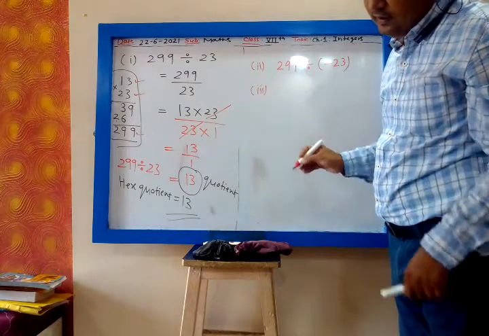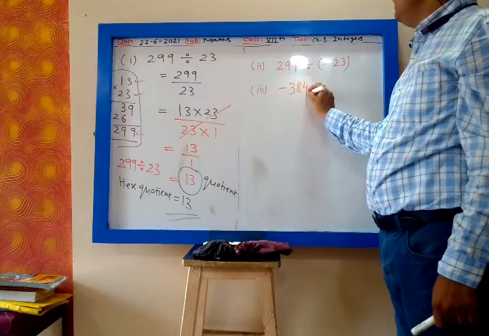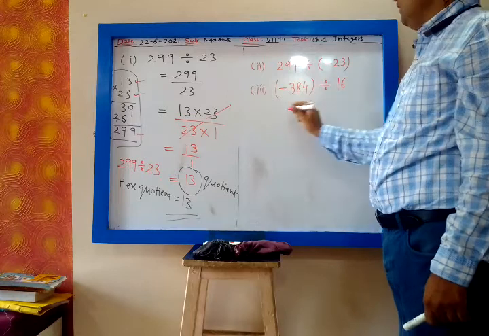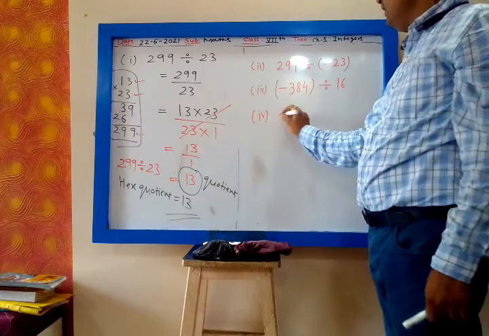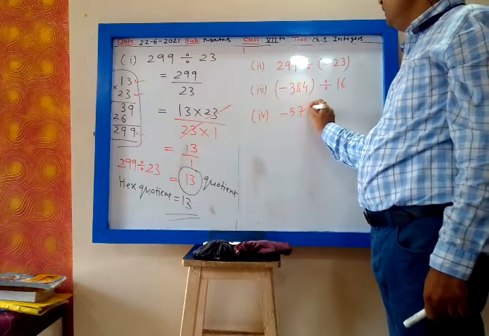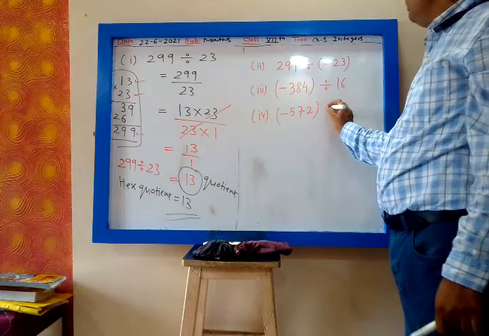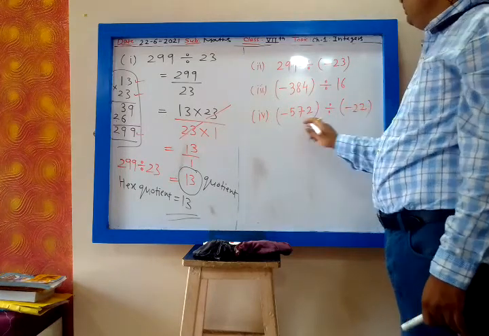Now third is minus 384 divided by 16. Then fourth one, minus 572 divided by minus 22. You have to take the sign.